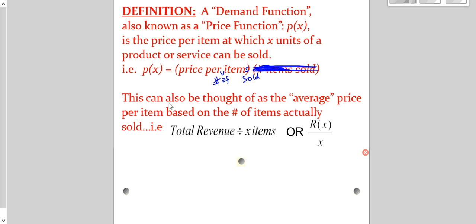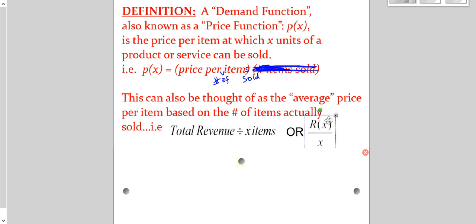Okay. Now, because we want to link this to revenue, let's think about this. This can be thought of as the average price per item based on how many items you actually sell. So your relationship would be between the price and the revenue: total revenue divided by how many items you sold.